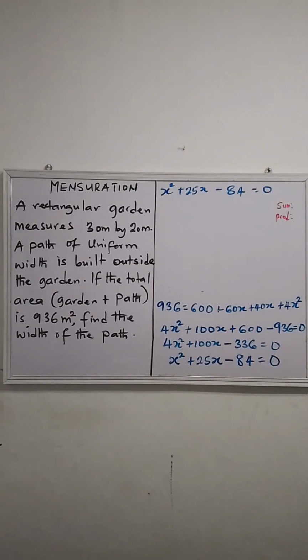Sum is 25. Why the product is what? Yes, I'm waiting for others. Drop your answer. The sum, the product is 84.